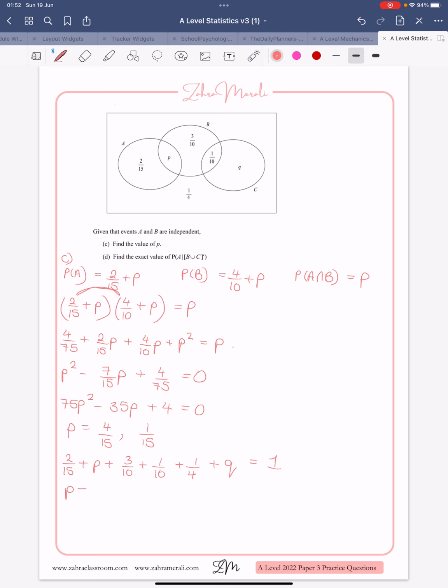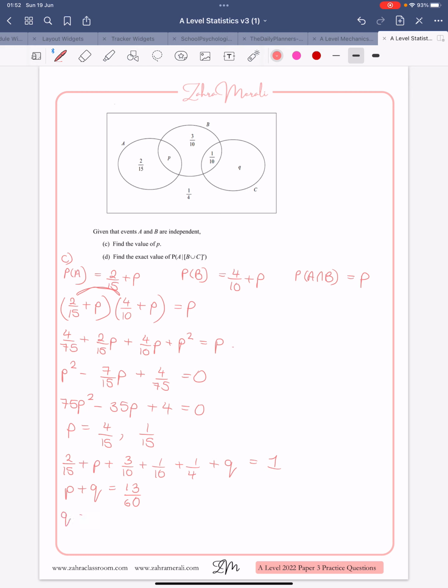And that rearranges to tell us P plus Q equals 13/60. Now, if we were to substitute in P equals 4/15, what happens is you're going to get 13/60 minus 4/15, and that's going to give you a negative value for Q, which is impossible.